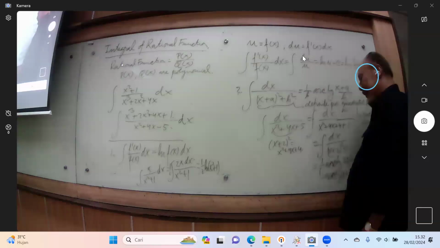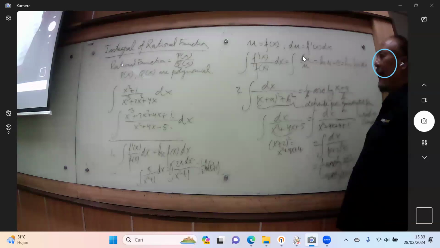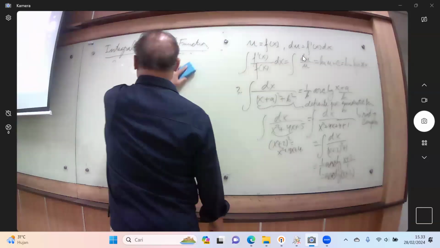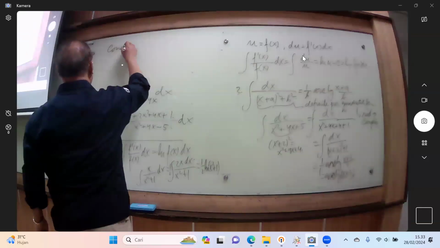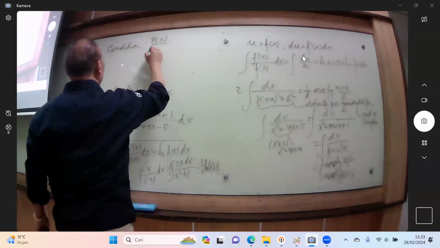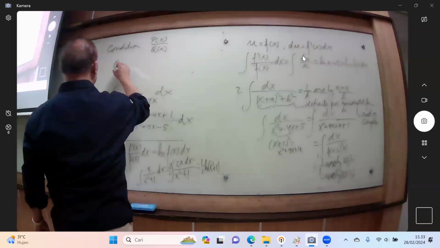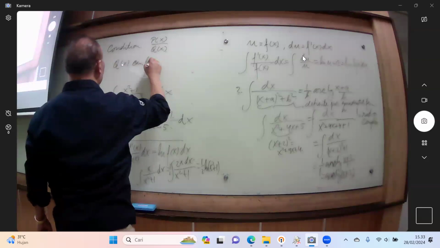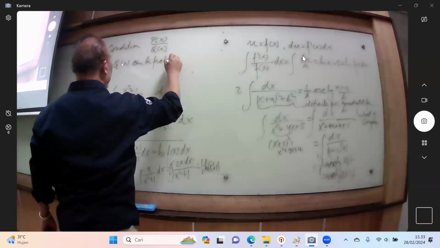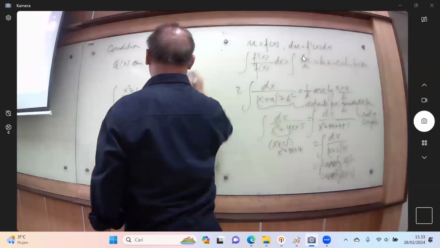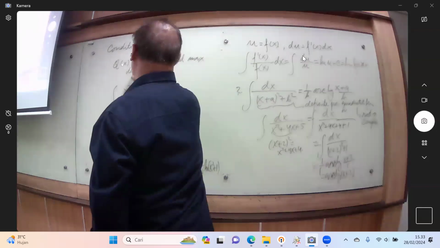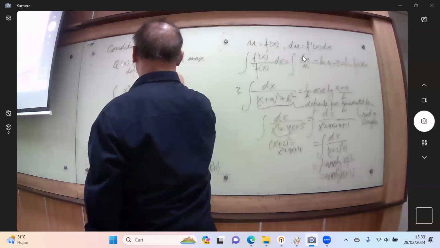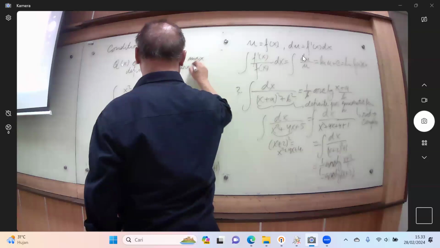Now, the condition under which we can solve the integral of a rational function is that Q(x) can be factorized into, at maximum, a positive definite quadratic polynomial.